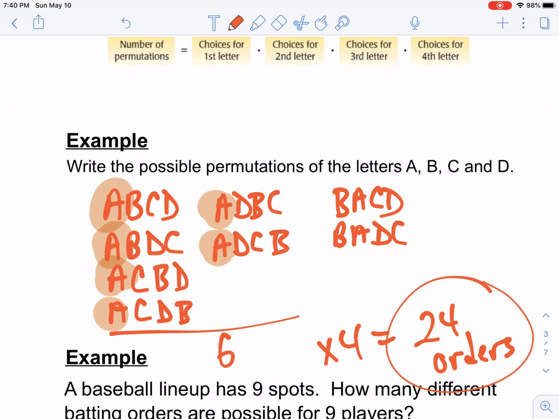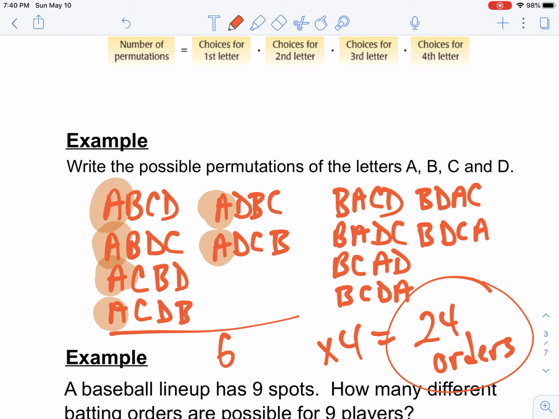You don't have to write these all out, but this is just to show you. BCAD, BCDA, BDAC, BDCA. So those are all 6 of them with the letter B starting. And then you'd have 6 more with the letter C starting, and then 6 more with the letter D starting.